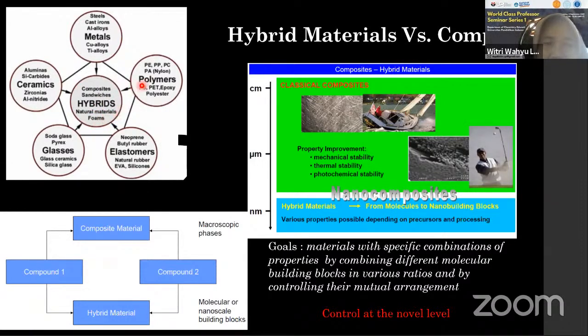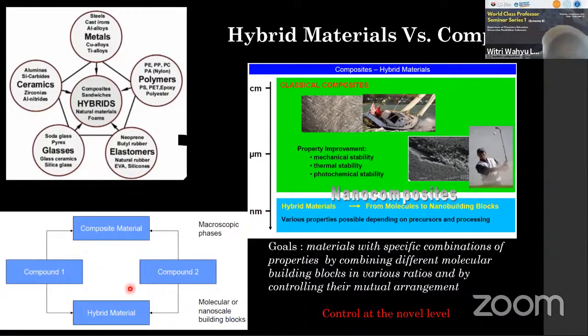It can be constituted of organic polymers, except like what the previous speaker spoke about, and we can combine this kind of material with, for example, metals or alloys, or with ceramic, for example alumina, and also with glass, like glassy polymer, and silica glass. We can also modify with some elastomer.